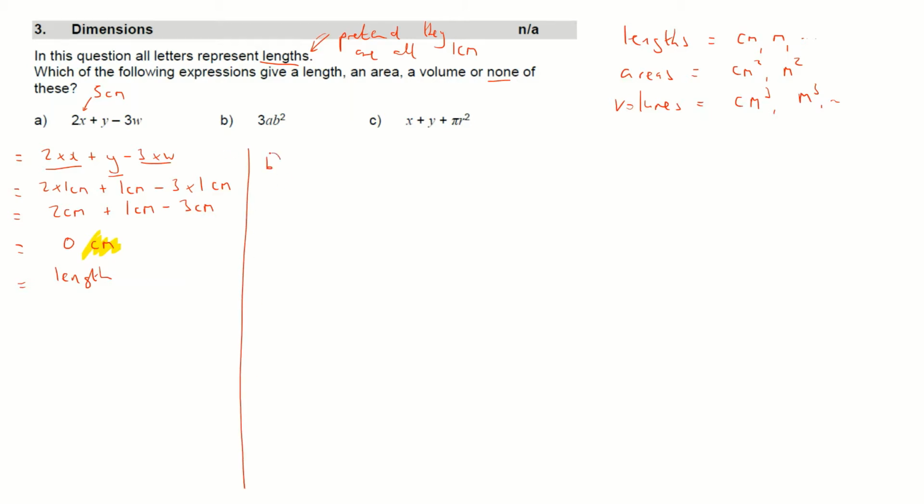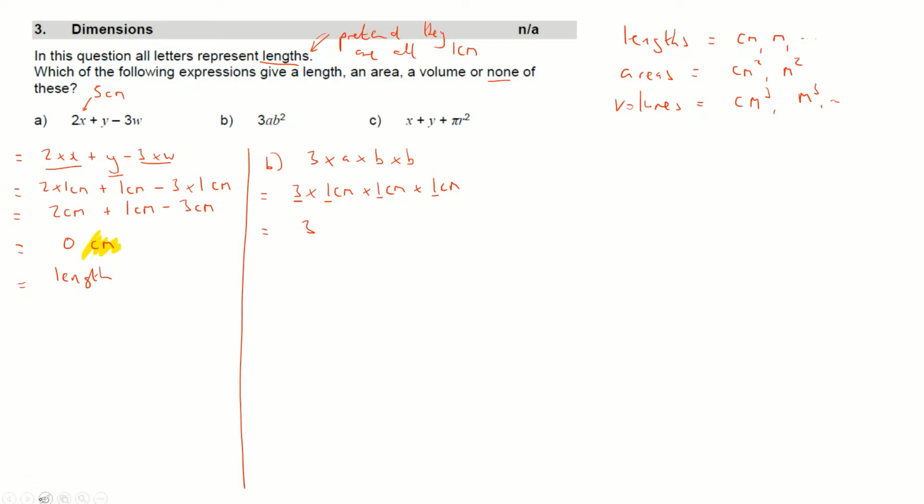Part B, 3ab squared means 3 times a times, remember b squared means b times b. So again, this would be 3 times 1 centimeter times 1 centimeter times 1 centimeter. I'm pretending all the lengths are 1 centimeter. Do the numbers first. 3 times 1 times 1 times 1 is 3.